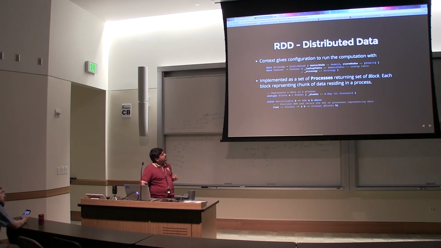And the heart of the application is a type class called RDD, which defines a function called flow, which takes in the context and the base RDD and creates a process which can be on any of the nodes. A block is nothing but a set of processes which can be anywhere on the network. So it creates a process which can spawn multiple processes.